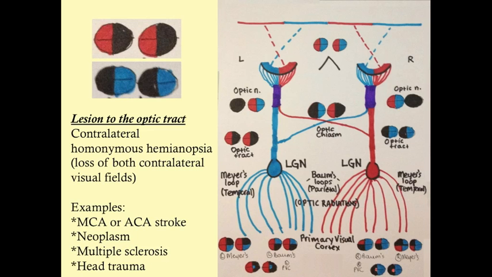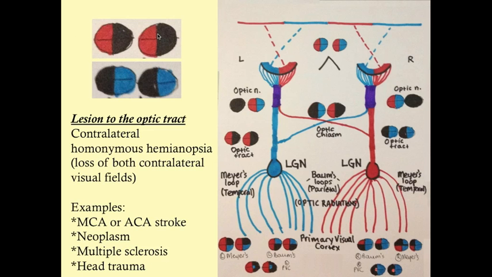Homonymous meaning that it's the same part of your visual field. So the right visual field in both eyes, or the left visual field in both eyes, and then hemianopsia meaning you're losing half of your total visual field in each eye.